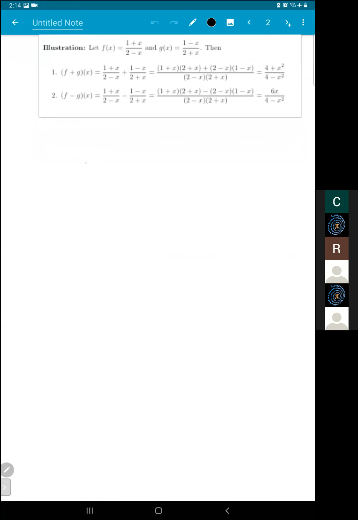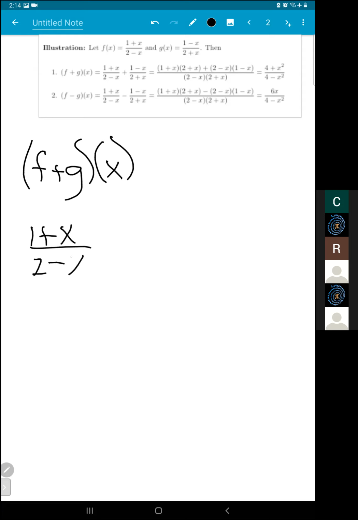Okay, so f plus g of x means that you add the two functions. It's already shown there. Now, under 1, is the third in line of the equation clear to you?